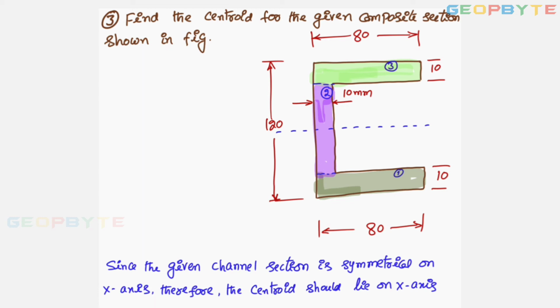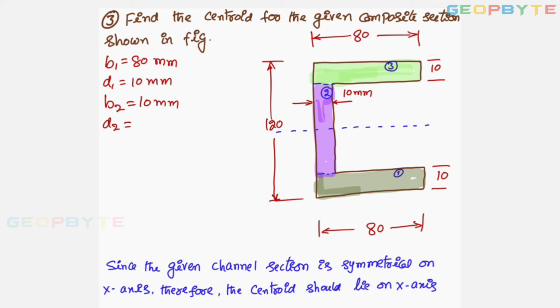Before going to that, let me write the B1 value. B1 equal to 80 mm. All dimensions are in mm. D1 equal to 10 mm. B2 equal to 10 mm, width for section 2.